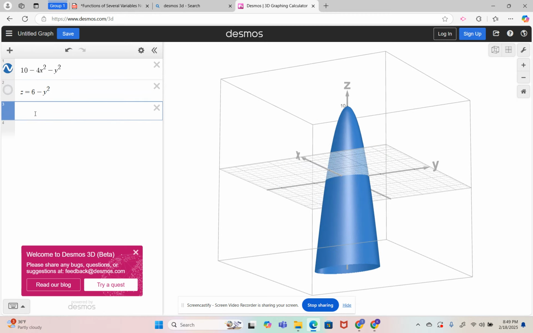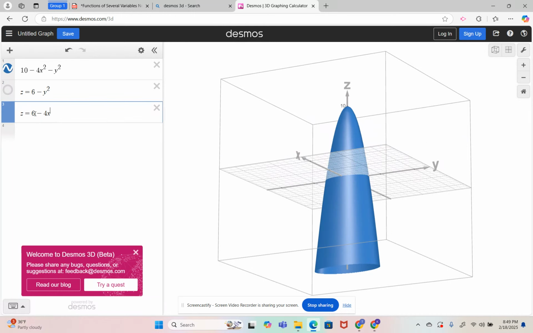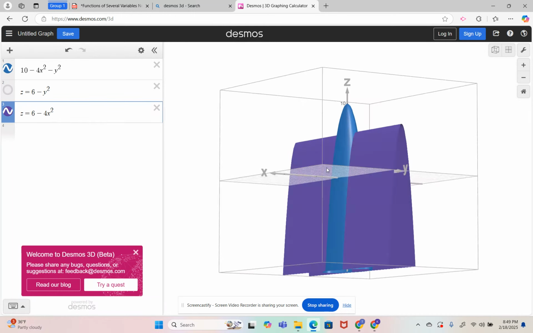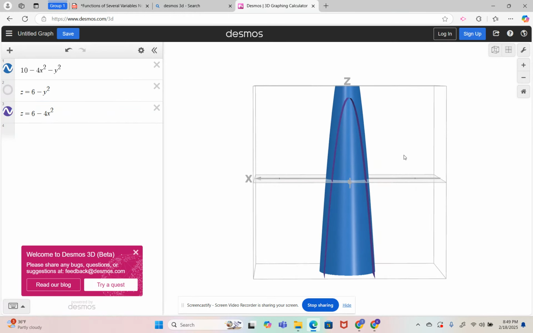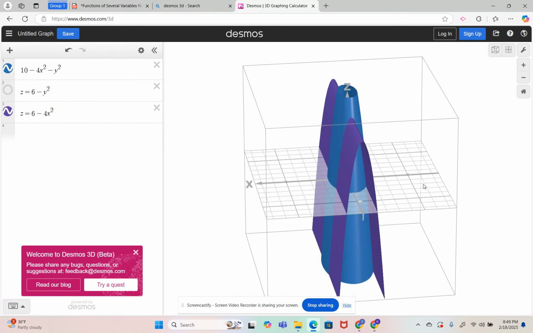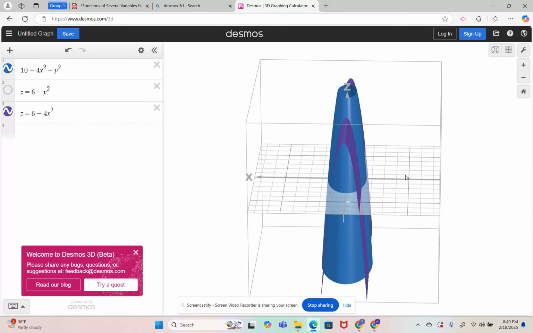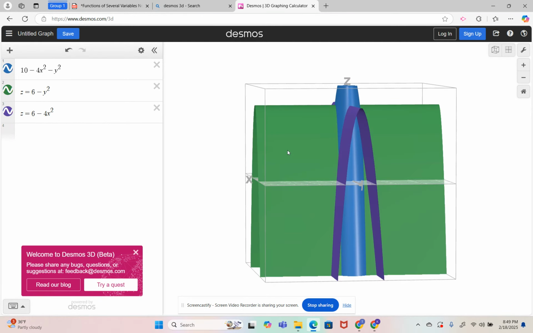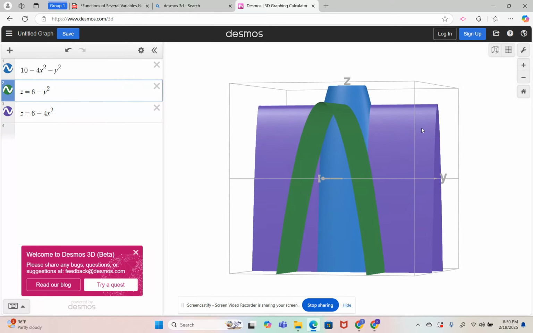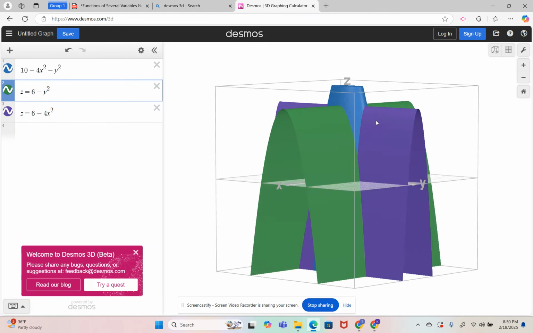Okay, so then we have z equals 6 minus 4x squared. And we have our trace when y equals 2. Okay, so if we put them both together, you can see the difference.